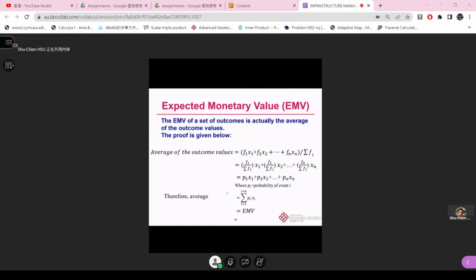The EMV is also the average of the set of outcome values. The proof is given below: the average of the outcome values equals F1 times X1 plus F2 times X2 up to Fn times Xn, divided by the sum of the Fi. Where pi is the probability of the event i, we then get the sigma of pi times xi for i equals 1 to n, so that we get the EMV.